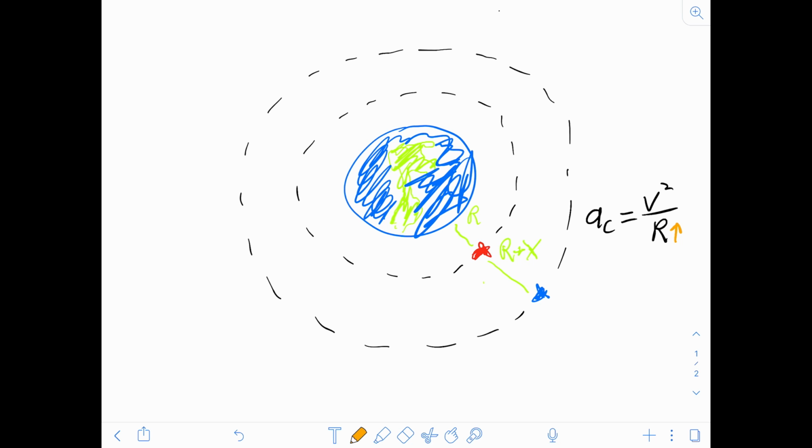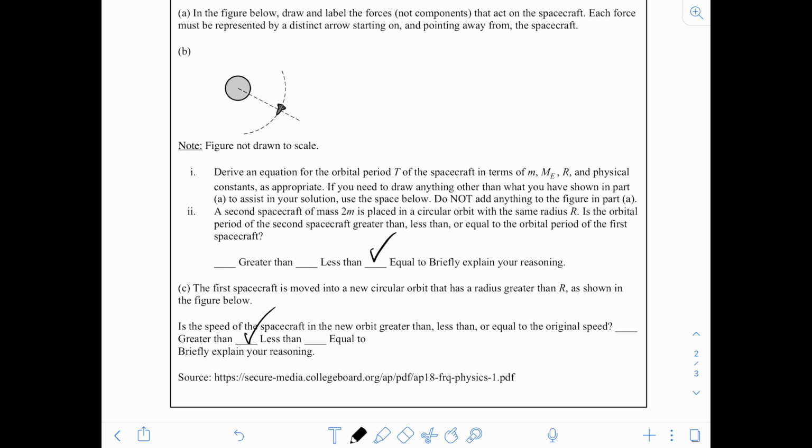In addition, the spacecraft will experience a smaller gravitational force and will therefore have a lower acceleration. We now see that because the square of the velocity is being divided by a larger number and is set equal to a smaller number, it will decrease as the radius increases. We can now safely say that the velocity, when raised to a higher orbit, will be less than it was previously.